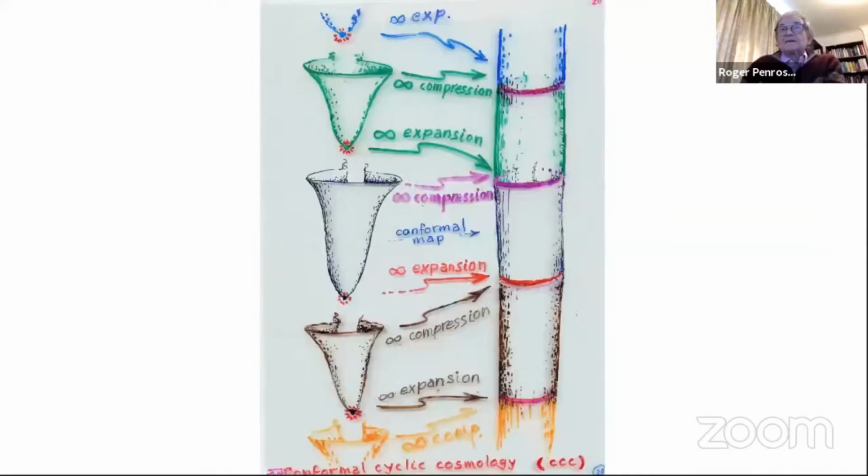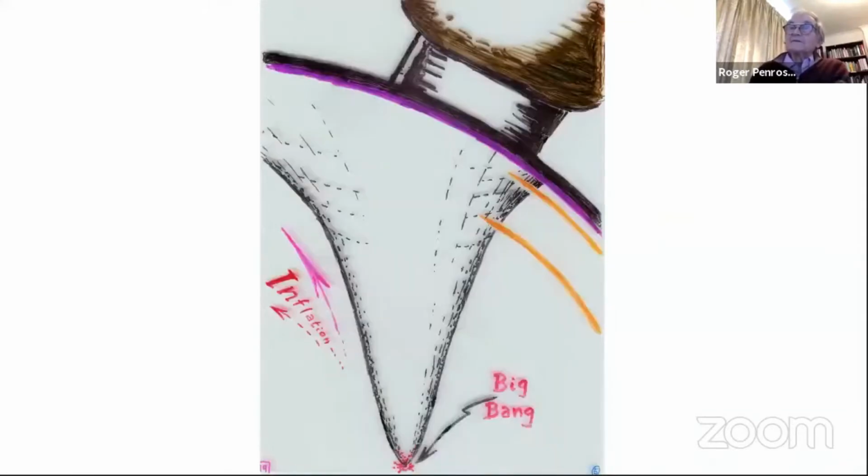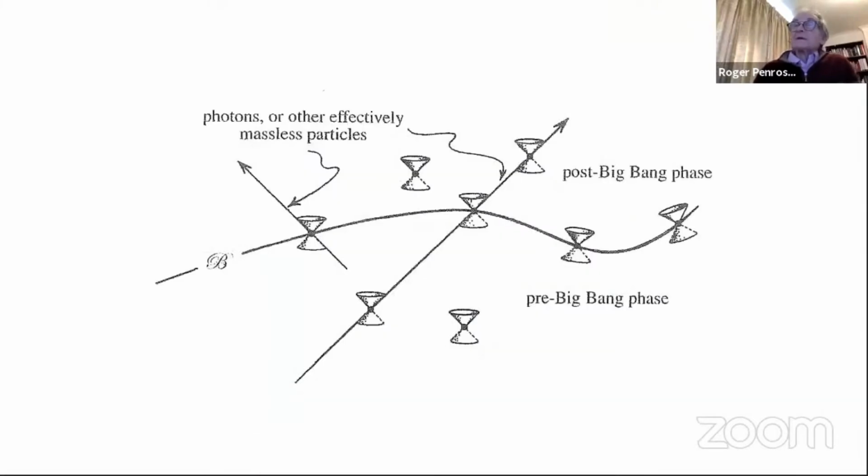In the previous eon, you have this exponential expansion, which sort of looks like an inflationary phase. So maybe you don't need inflation, because the scale invariance, which is a motivation for inflation, can come from the exponential expansion.